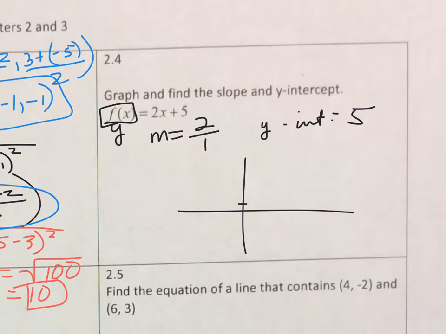So for the graph, I'd go up 5 on the y-axis, and I would rise 2 as I run 1. So up 2, right 1, boom. So there's my line. That should be very familiar.